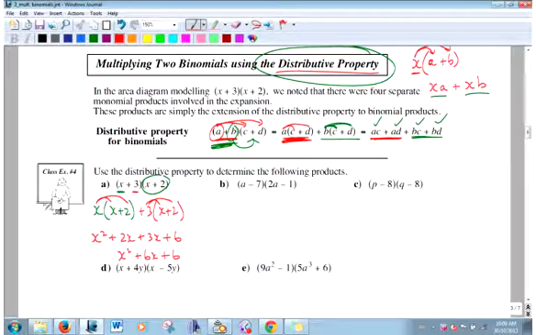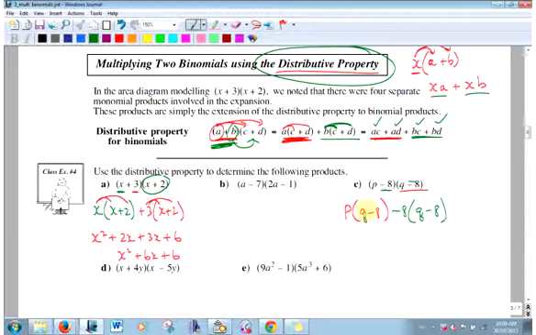Just do one more. Let's do C. Take the first one, multiply it by everything in the second set of brackets. Take the second one, minus 8, multiply it by everything in the second set of brackets. That's not a 9, that's a Q. Let's do this so we're not confused.